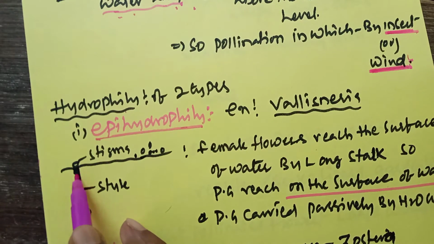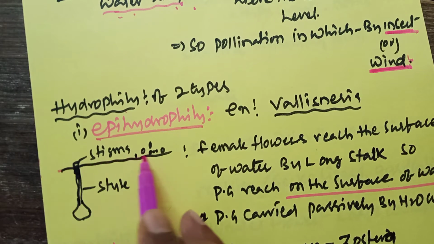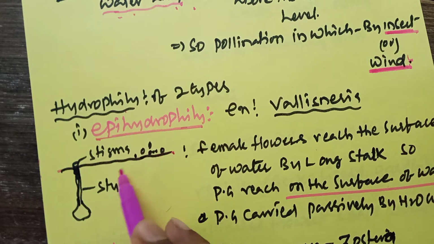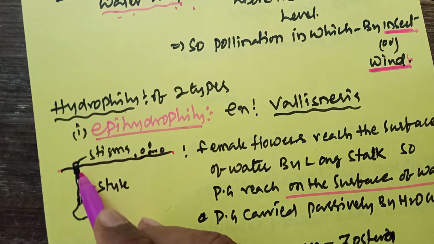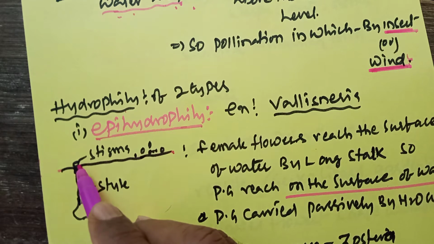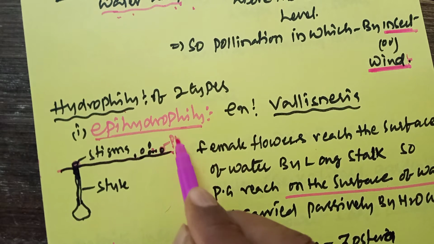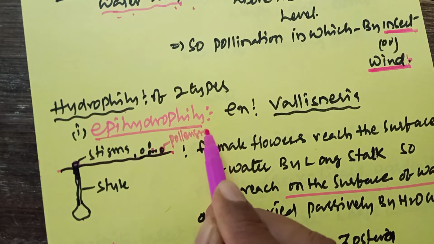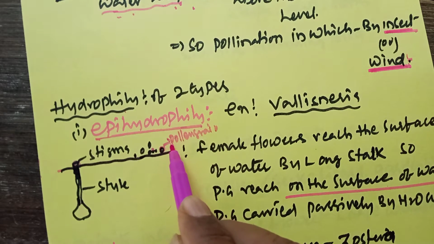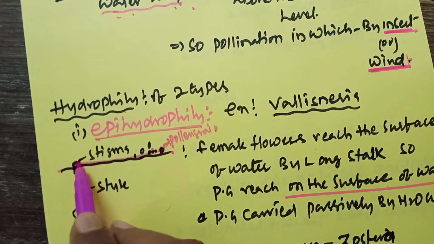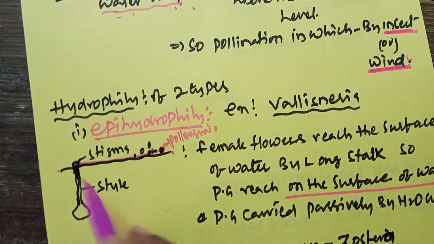Epihydrophily means, when we observe this diagram, this is the water surface level. The stigma of the water plant is present above the water surface. These are pollen grains. These pollen grains reach the stigma above the water surface level.